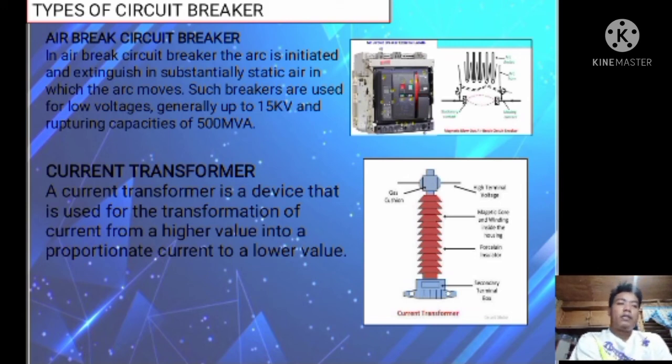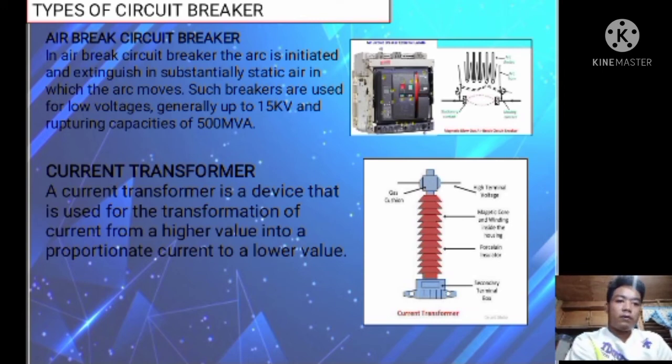Ang current transformer ay meron siyang high terminal voltage and then magnetic core and winding inside the housing, porcelain insulation, secondary terminal. Ito yung current transformer na ginagamit as transformation ng current from higher value into a proportionate current to lower value. So ibig sabihin siya yung nag-step down ng current. Kapag mataas na, binababa niya, ginagawa niyang step down.